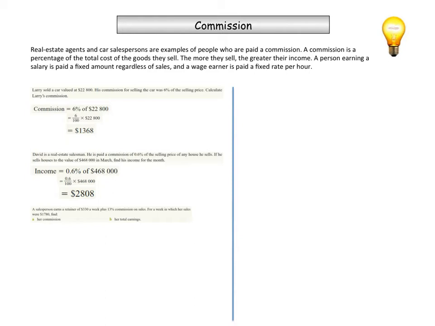So the commission rate is 13%, so we're going to find 13% of $1,780. And working through that, we get $231.40. So the total earnings is going to be the retainer plus the commission. So we add our retainer to the commission that we just found, and that gives us the total earnings.